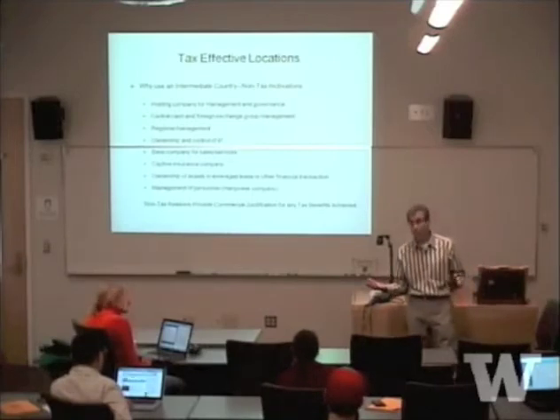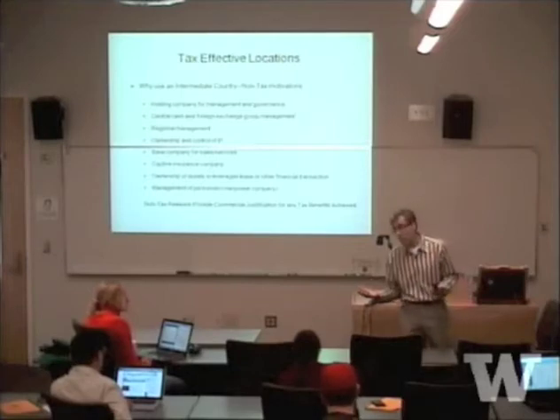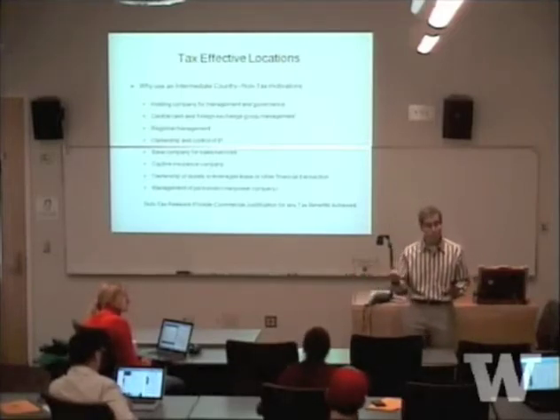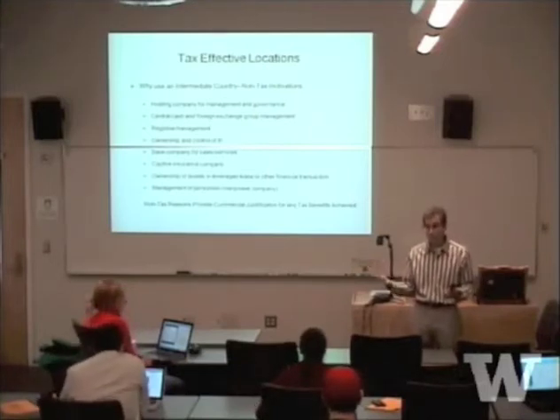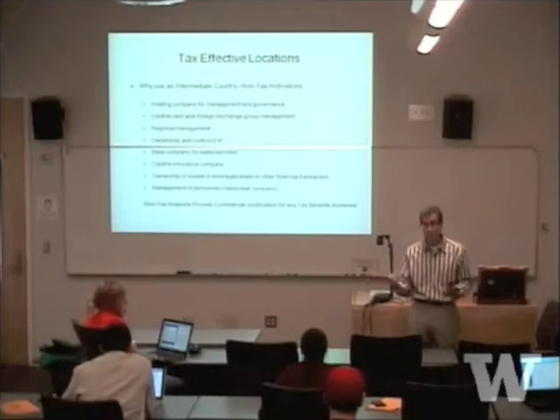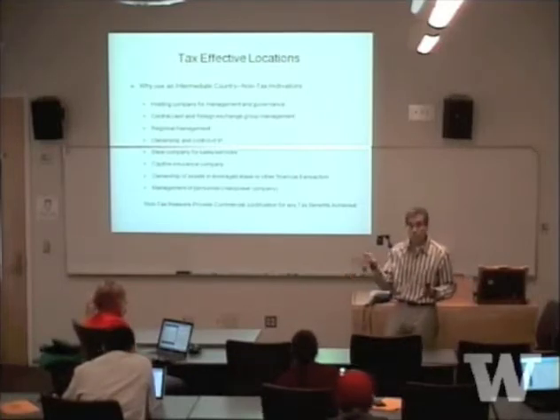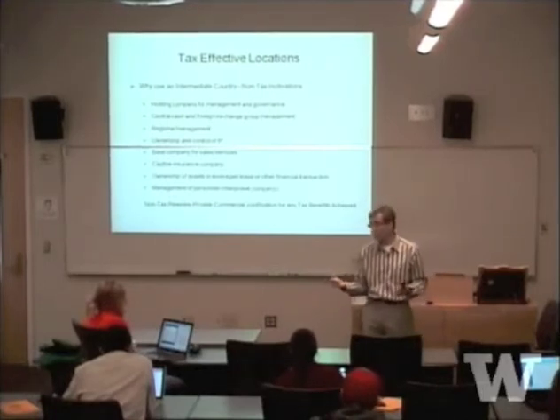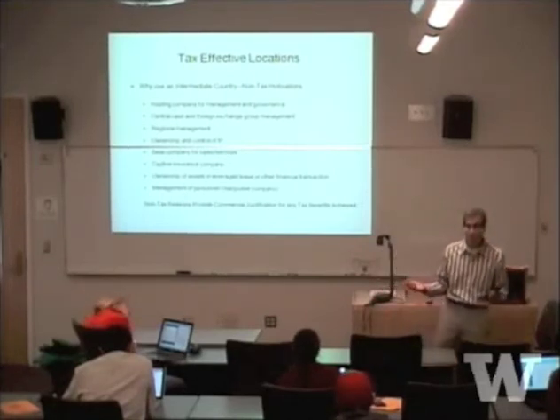Very often, yes, there's a lot of freedom and flexibility. And as a result, a lot of major multinationals do set up some sort of entity somewhere, maybe in the Netherlands because it has a wonderful treaty network, maybe elsewhere, to invest in and own technology. So a tax-effective location can be involved.